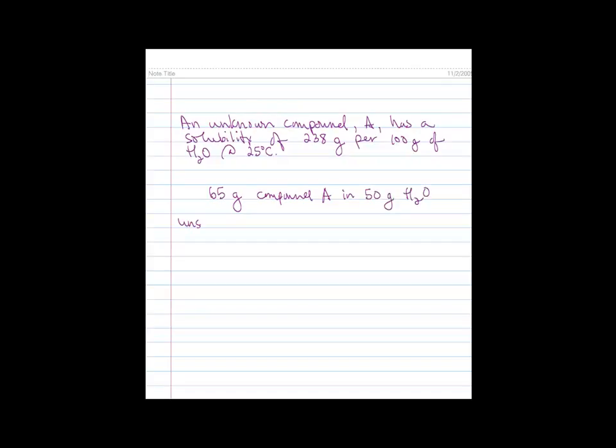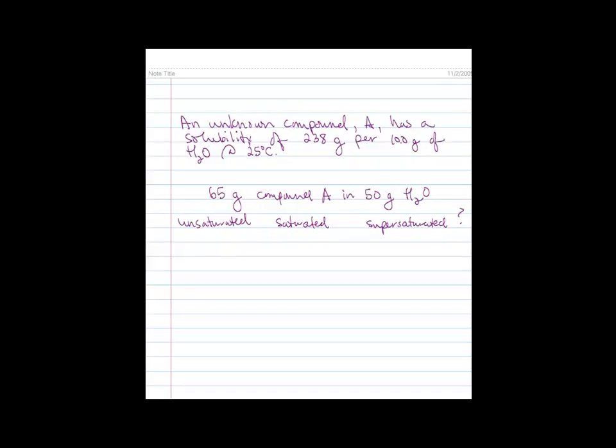Is it unsaturated, saturated, or supersaturated? All right, be careful on this problem. 65 grams of compound A in 50 grams of water. We are halving the amount of water.